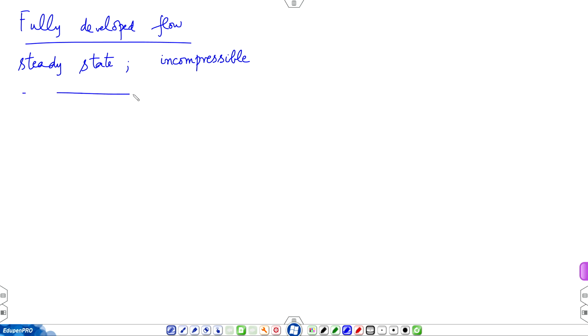So, if it is flow between parallel plates driven by a pressure gradient, it is called a Poiseuille flow.